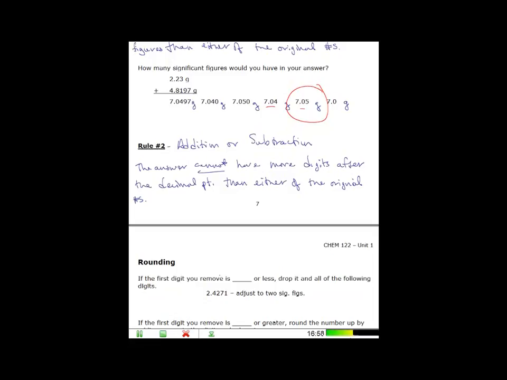So after the decimal point, that's what matters with addition or subtraction. So think decimal point.